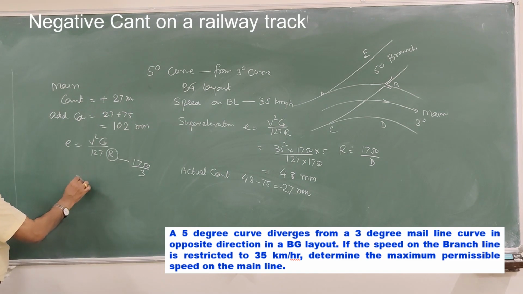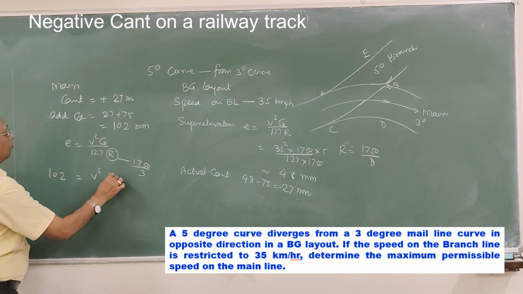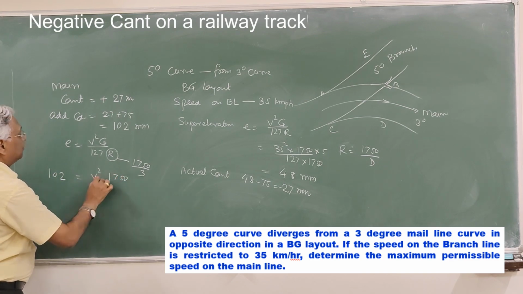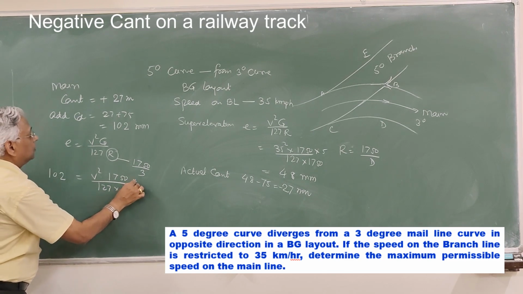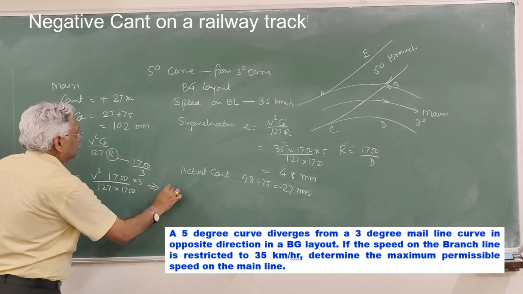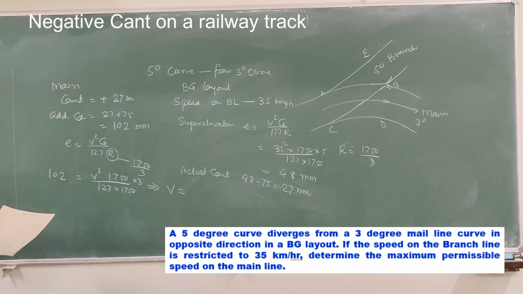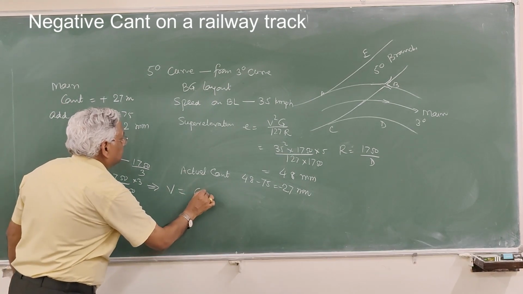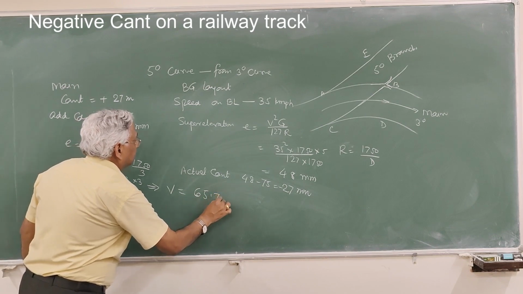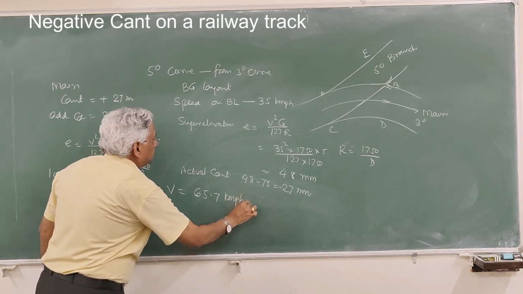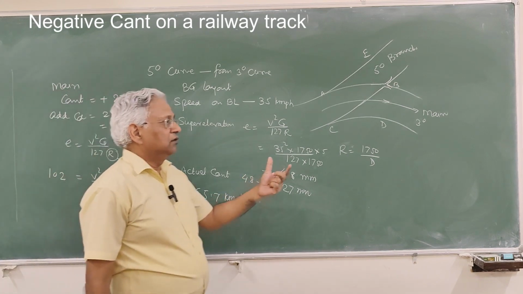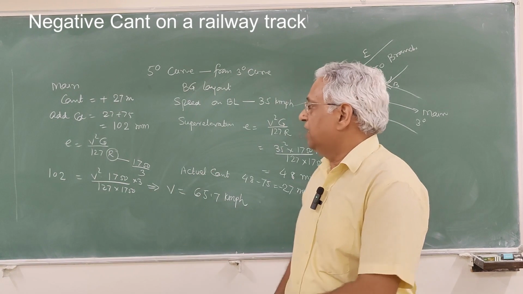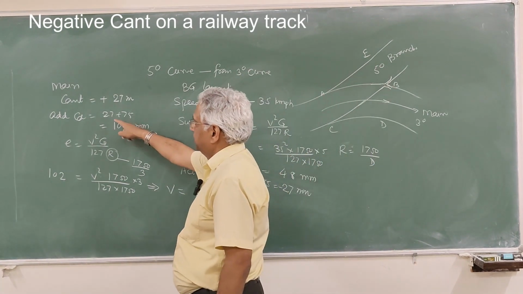So that is 102 equal to V square into 1750 upon 127 into 1750 into 3, or V is 65.7 kilometer per hour. That is the speed which can be maintained on main line by providing a Cant of 27 millimeter.